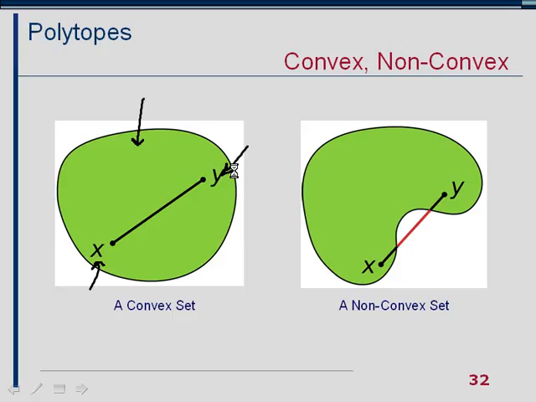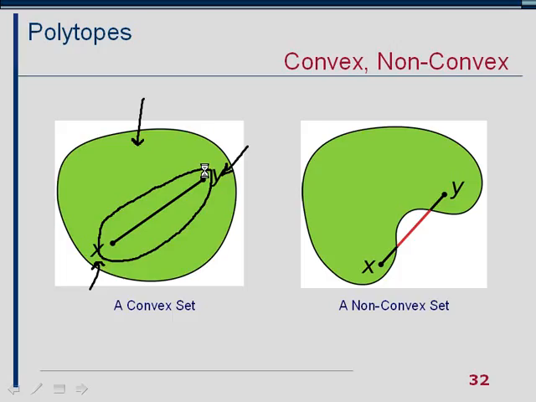If we can pick those 2 points that are within that space and draw a straight line, and if every point on the line is in the space, then we refer to it as a convex set. And this polytope would be a convex polytope.